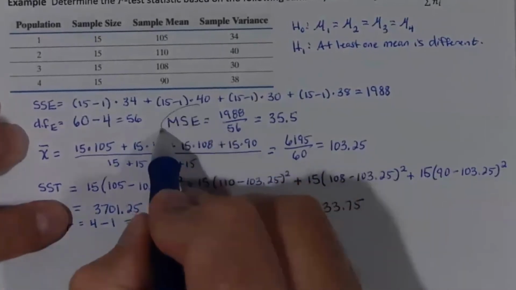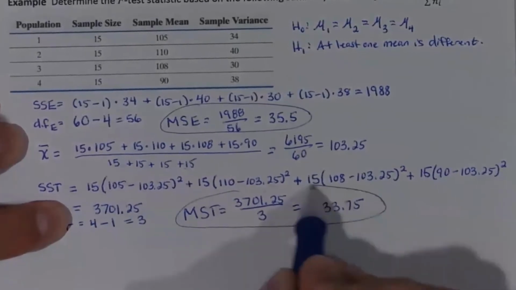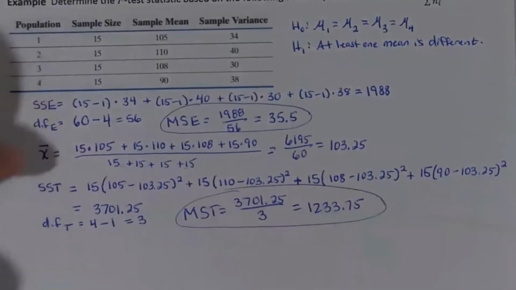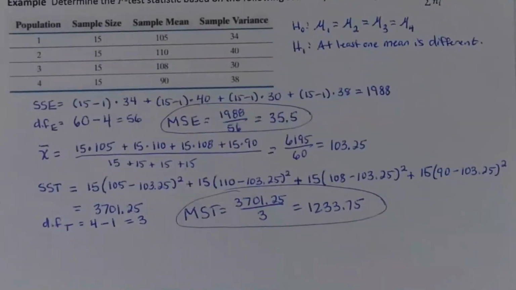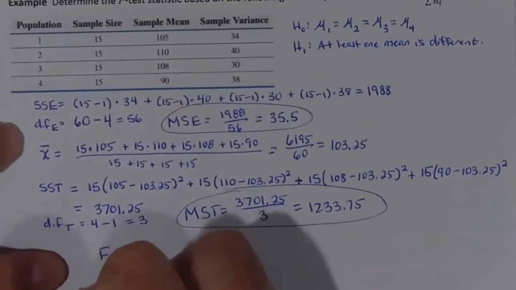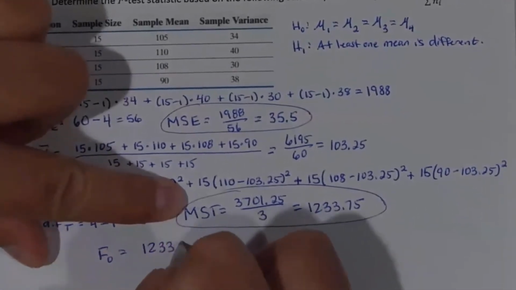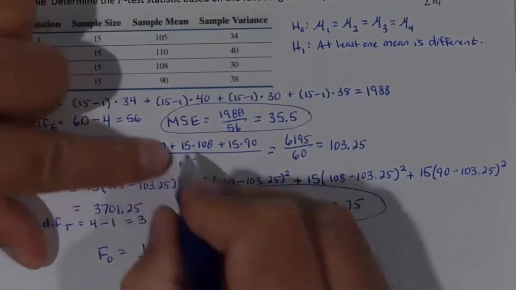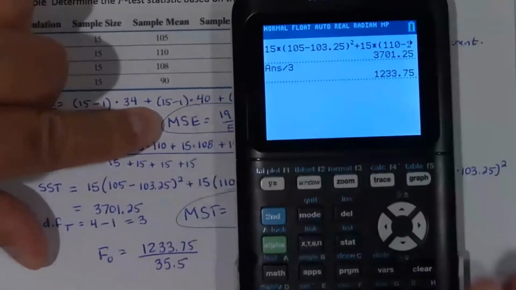So now I have the mean square due to error up here, 35.5, and I have the mean square due to treatment right here, 1,233.75. And the F statistic is the MST divided by the MSE. So F naught is going to equal our MST, 1,233.75, divided by our MSE, 35.5.